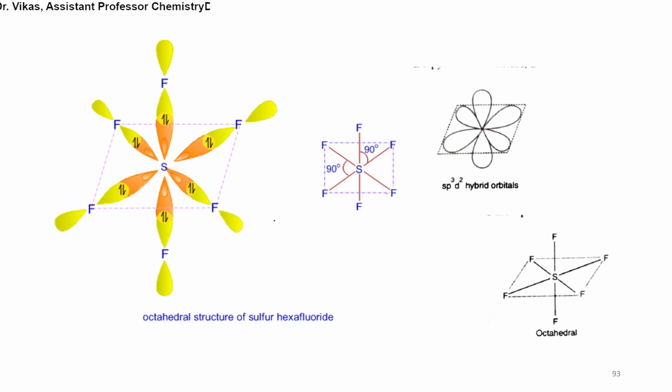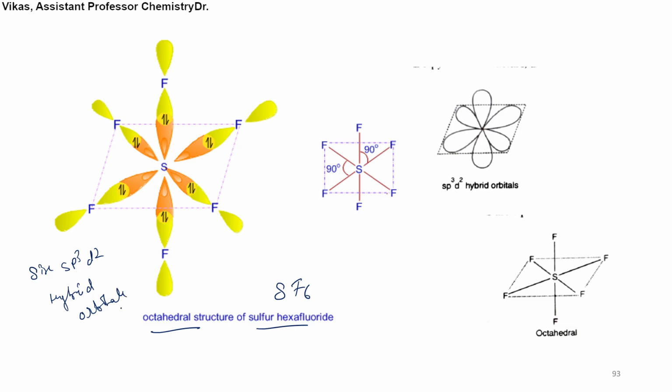Further, this is the better representation of the octahedral structure of sulfur hexafluoride, SF6. 6 sp3d2 hybrid orbitals overlap with the 2p orbitals of fluorine.